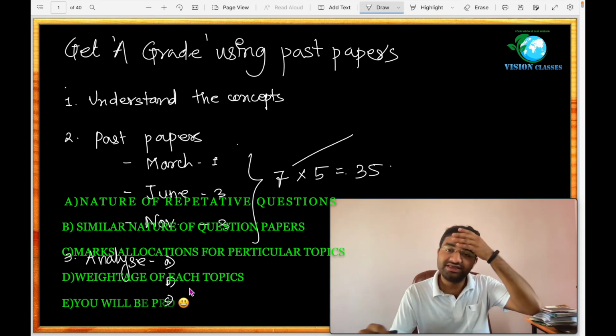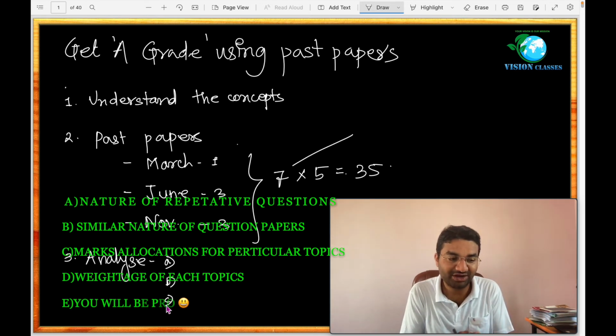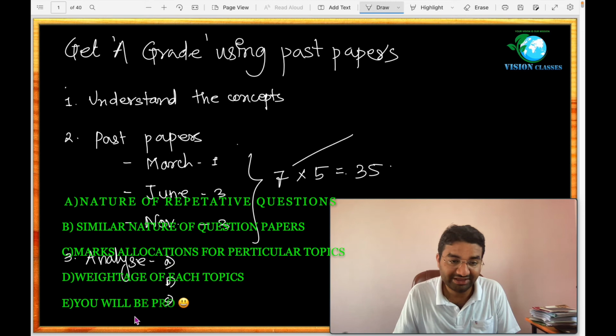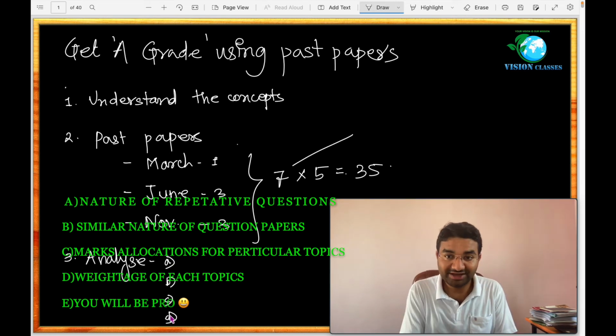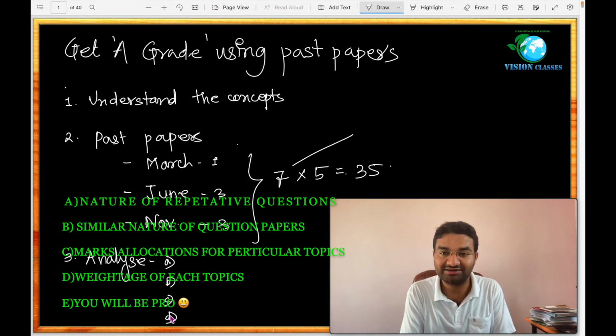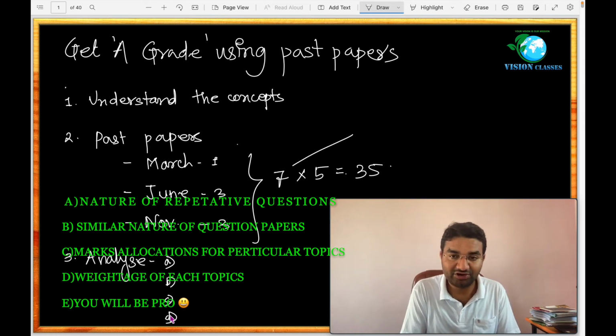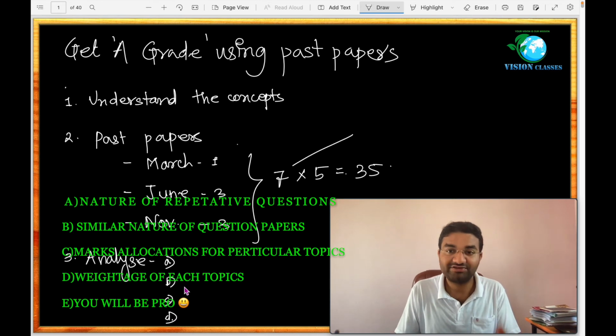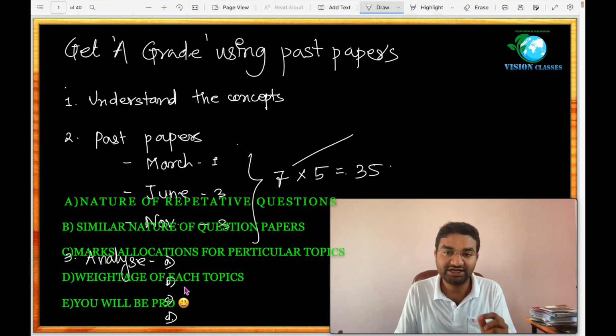So here is how you get to know the mark allocation. Then, some of the concepts are really important. For example, I would say differentiation, integration, and the trigonometry part. Those concepts are really important, and you will definitely get questions from them each year.